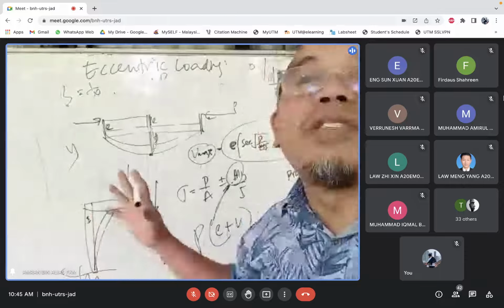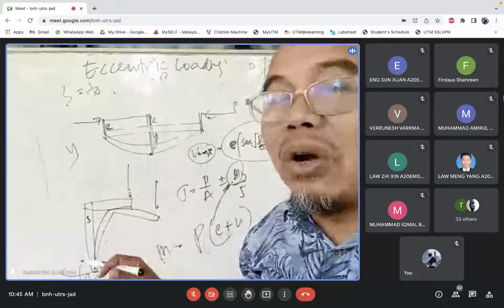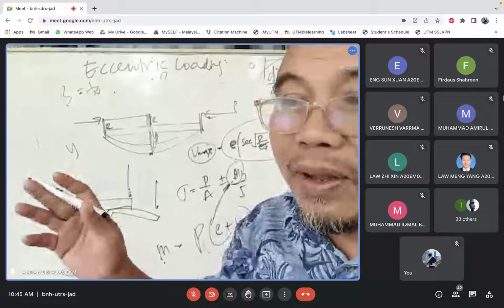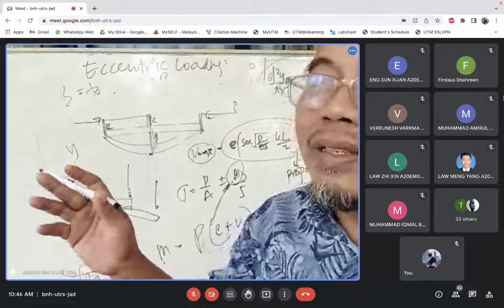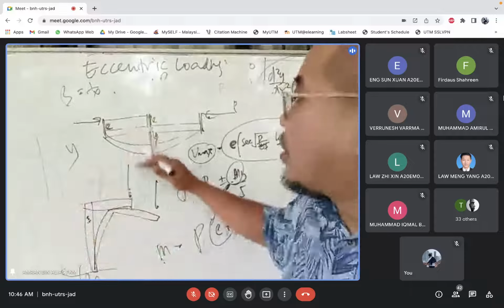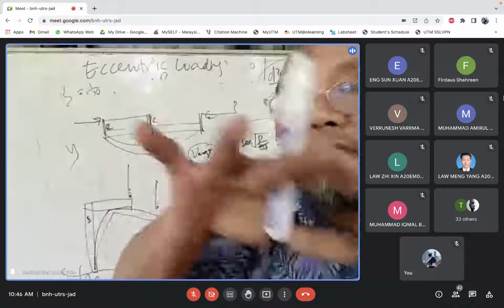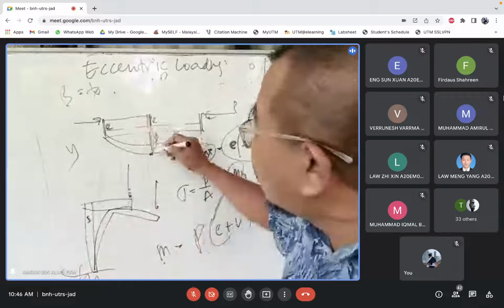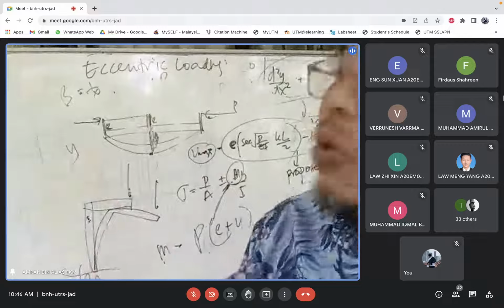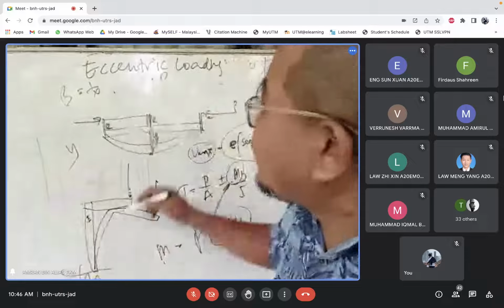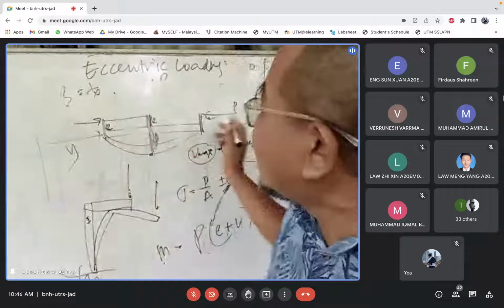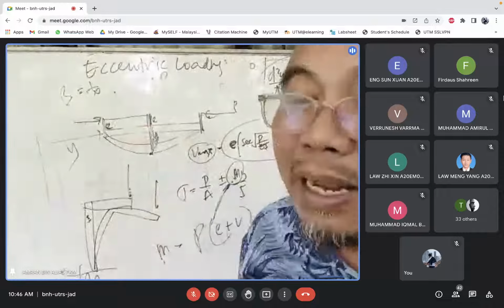So you understand the whole system there. There is a Euler formula, there is a Rankine formula. Both are the same, just giving the load only. And the other one is the deflection one. When a thing is deflected, how do we calculate the stress? We have to know the Y, or V. So that is also given to you. When the load is not exactly in the middle, there must be eccentricity. Automatically, that one will be bent, right?